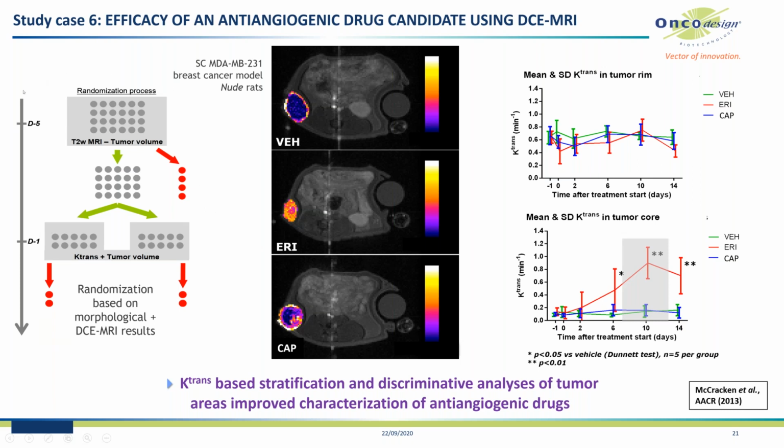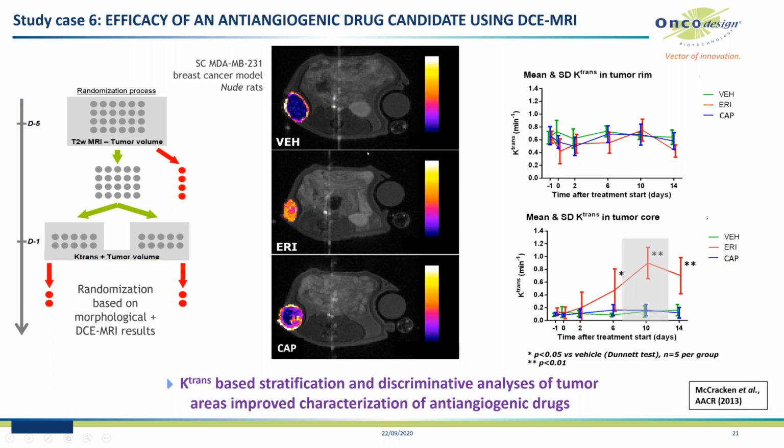We used a randomization process to obtain a homogeneous group at the beginning of the study, homogeneous for tumor volume, but also for the perfusion level at the beginning of the study, just before treatment start. And you can see here that the groups were homogeneous at the beginning, and then we followed the evolution of the perfusion into the tumor over time when animals were treated.